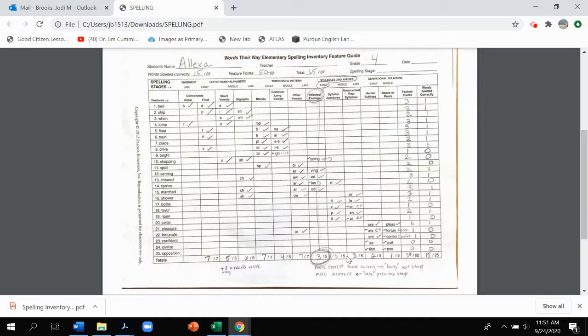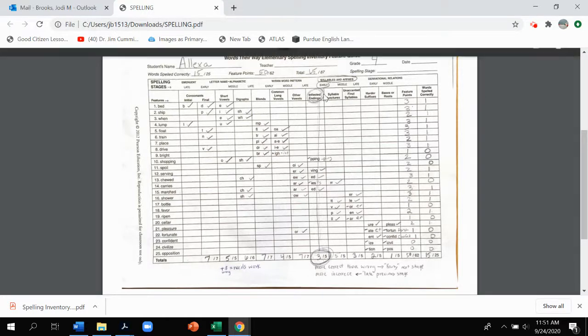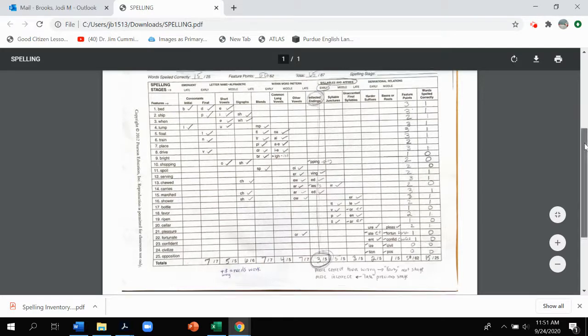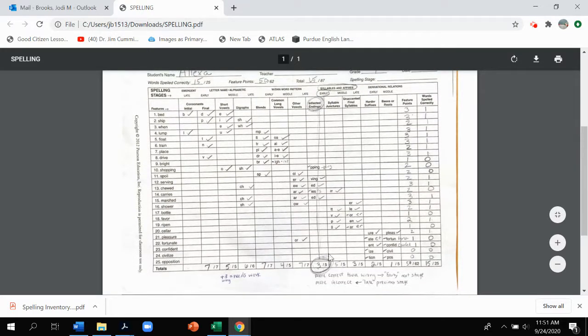So you see things started getting a little difficult as we got into the more difficult spelling patterns. If you remember from our seminar, the spelling syllables and affixes become something that's taught in more like 3rd, 4th grade. So if this student is in 4th grade, this is about right on and things that she would be learning in class.